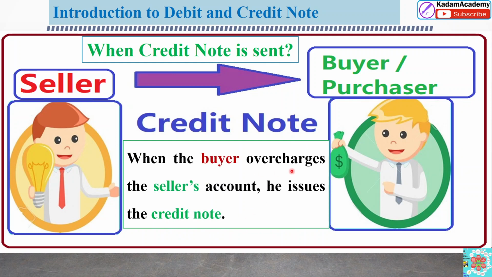Overcharge means the cost of the product is 100 rupees, but by mistake 10 rupees extra is charged. So that extra 10 rupees is overcharged to the buyer. So the seller issues the credit note to the buyer.